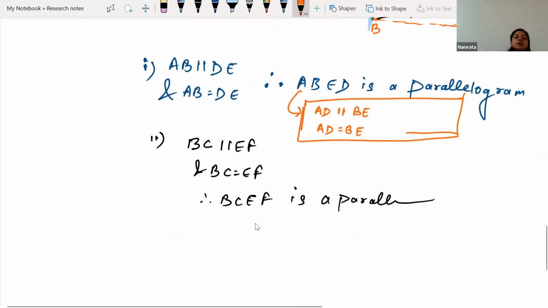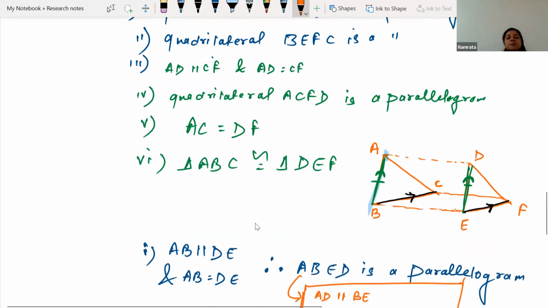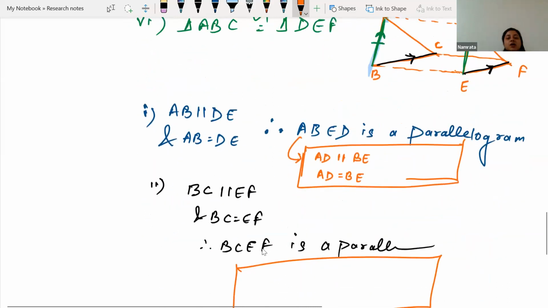From here, what can we say? BCEF is a parallelogram where BC and EF are already parallel and equal. So the other two opposite sides will also be parallel and equal. That is, BE must be parallel to CF and BE must be equal to CF.